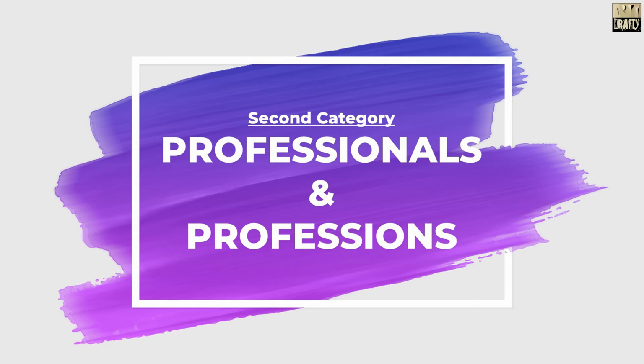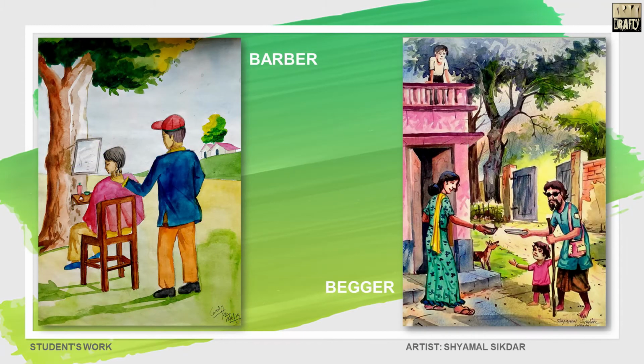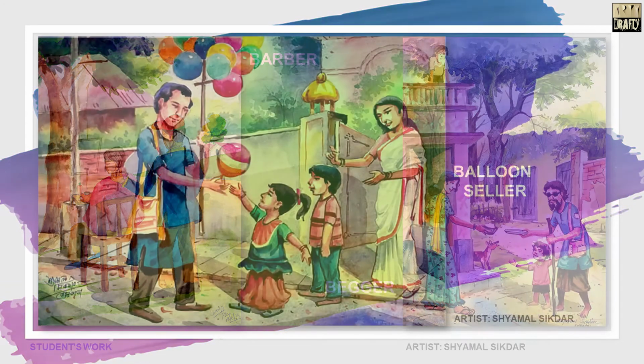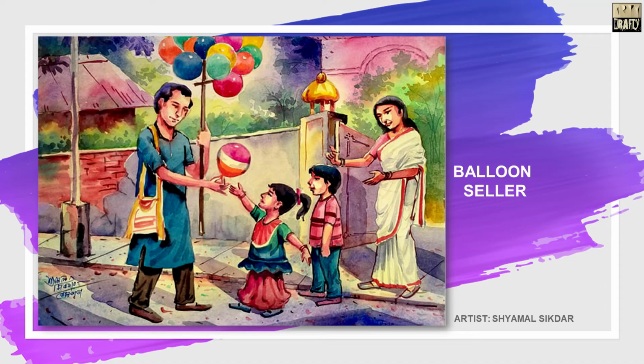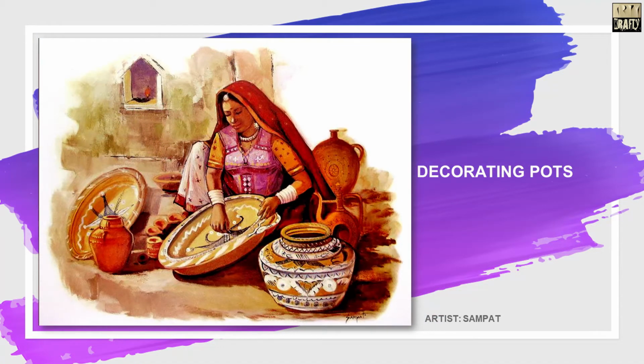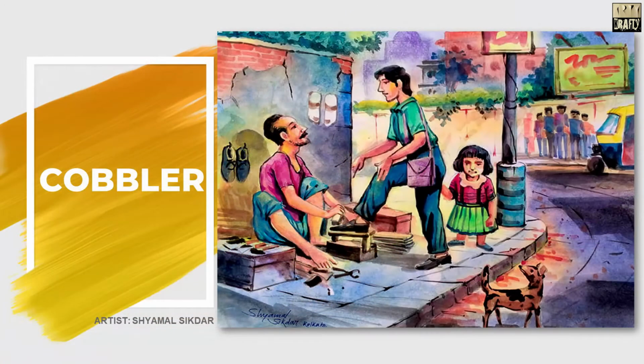The second category is professionals and professions. These are a few examples of watercolor compositions which come under this category. Some are done by the artists and some are by the students.